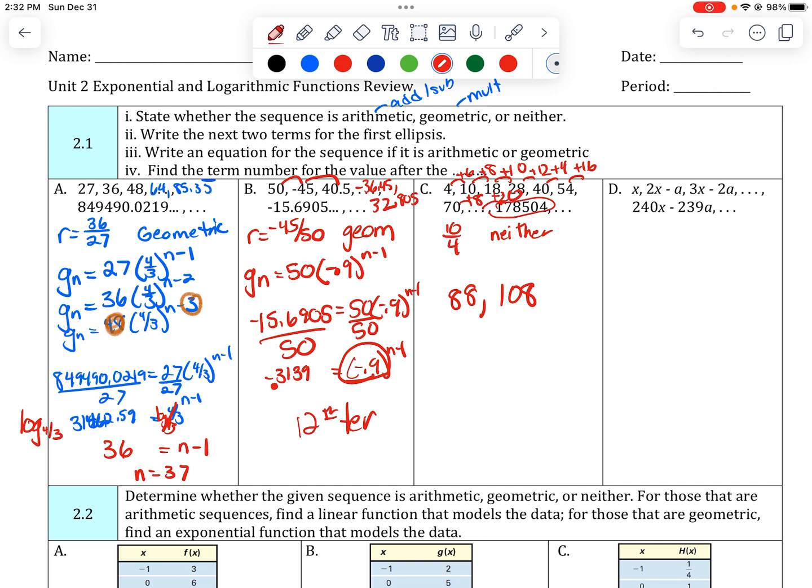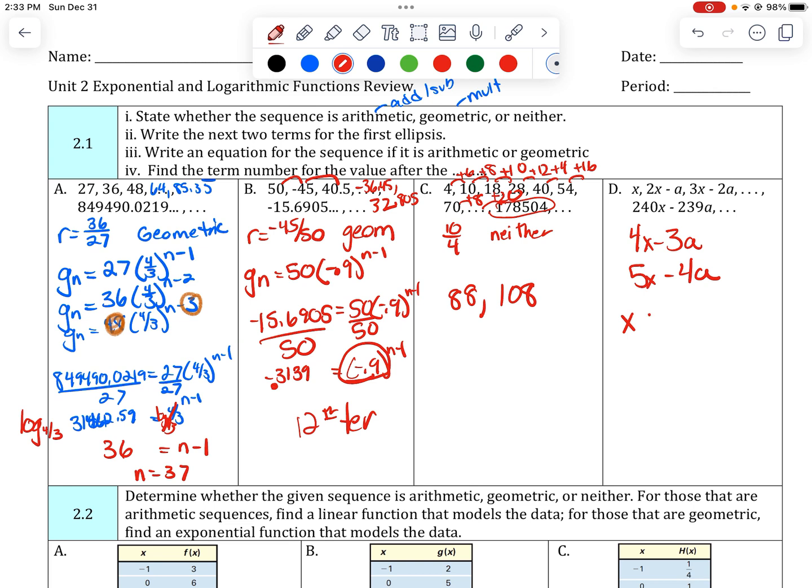Now this last one. We go x to 2x to 3x, so we're adding x's, right? And then let's see what happens here. Then it's minus 0, minus 1a, minus 2a. So our next term would be 4x minus 3a, 5x minus 4a. So we're adding an x minus a.